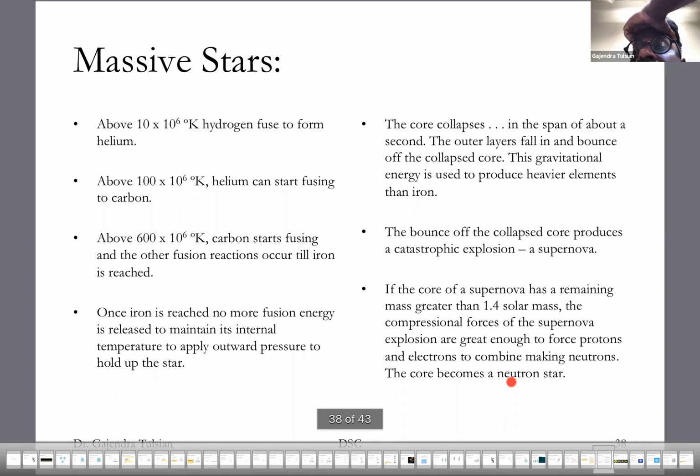So when a star dies, if the mass of the core is less than 1.4 times the solar mass, this is the symbol for the solar mass, it becomes a white dwarf. If the mass is between 1.4 and 3 solar masses, then the core becomes a neutron star.